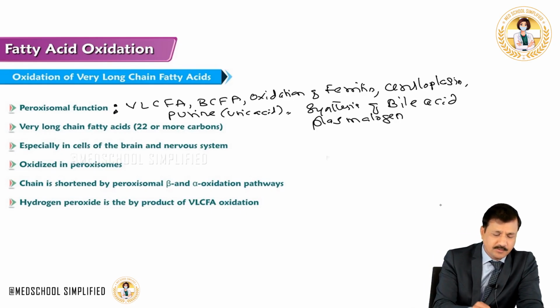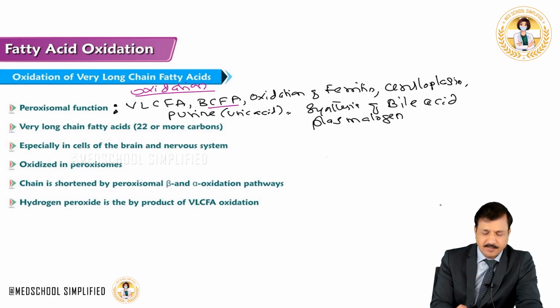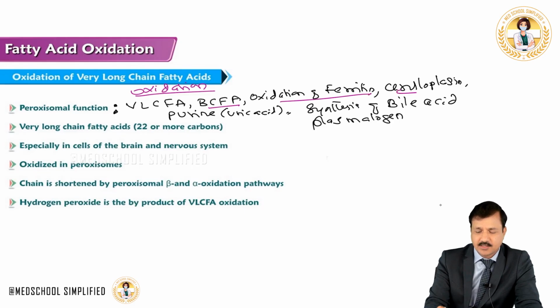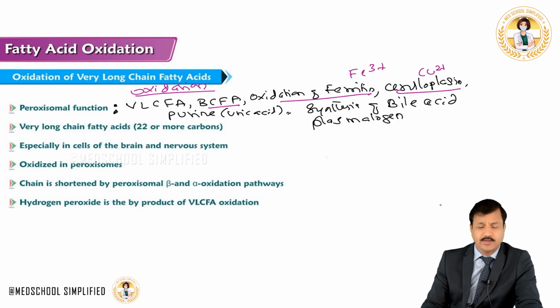So one more time, just for you to make sure you remember: peroxisomes are involved in oxidation. Initially I am saying the oxidative function of peroxisome: oxidation of VLCFAs, oxidation of branched chain fatty acids, oxidation of ferritin, oxidation of ceruloplasmin. Ceruloplasmin is for copper, ferritin is for iron, and oxidation of purine into uric acid.